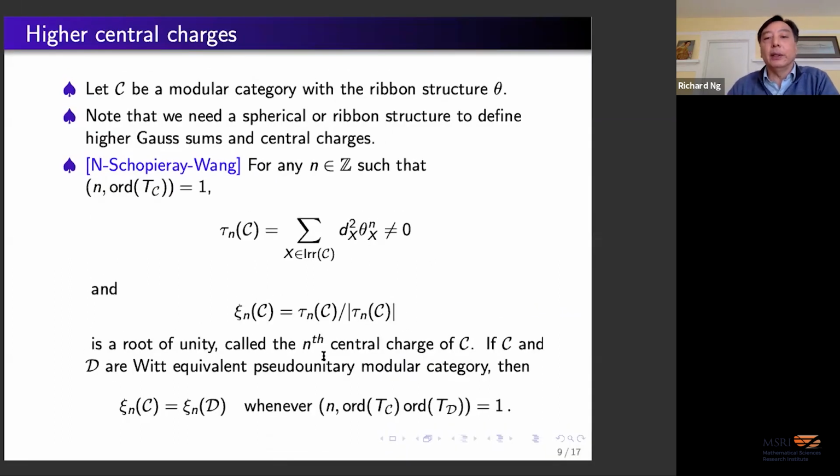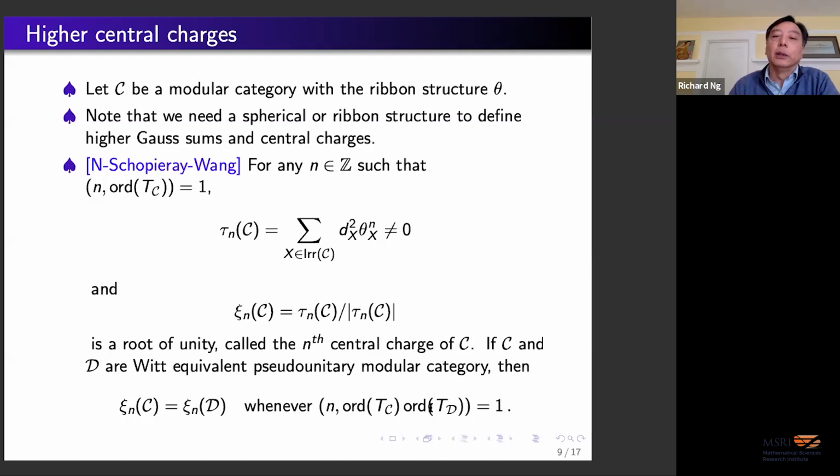If they are Witt equivalent, then this higher central charge will be equal under the condition that n is relatively prime to the orders of T for both C and D. The orders of T for C and D could be quite arbitrary, because I can let any center put in there with an arbitrary number.